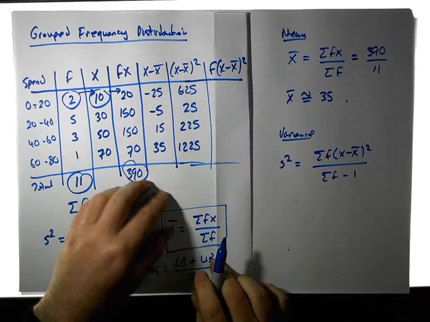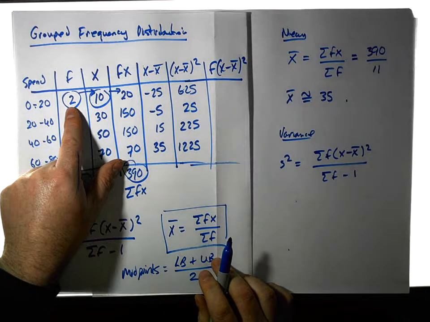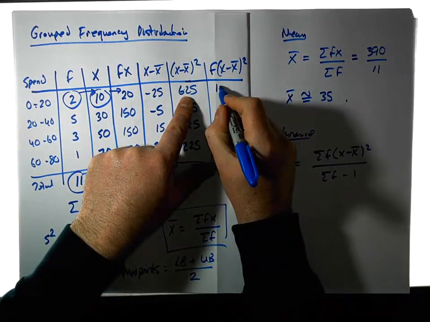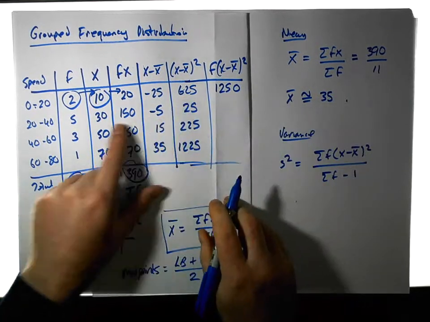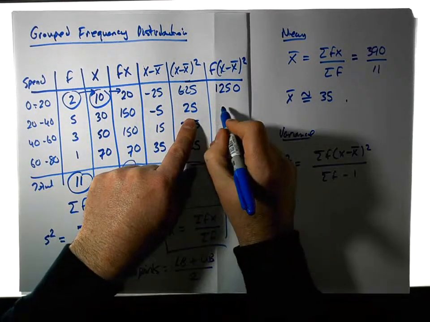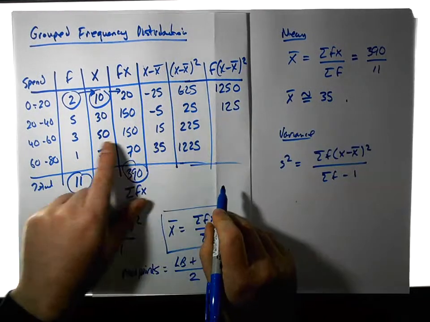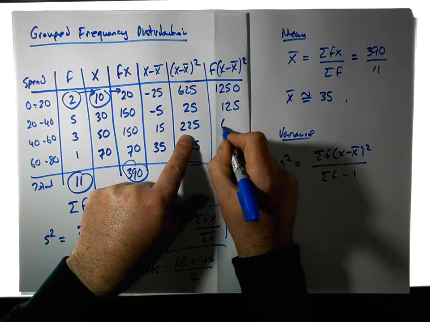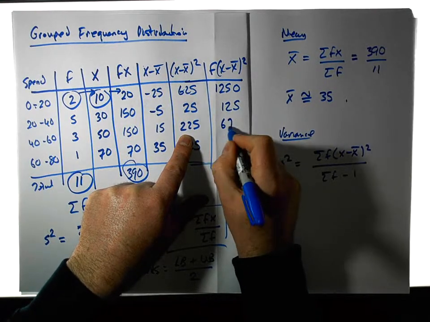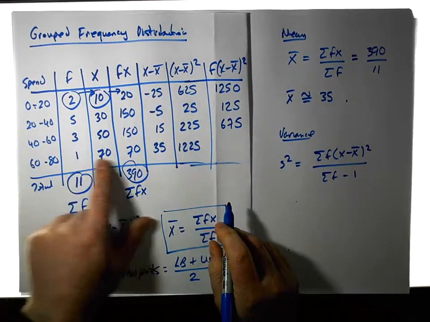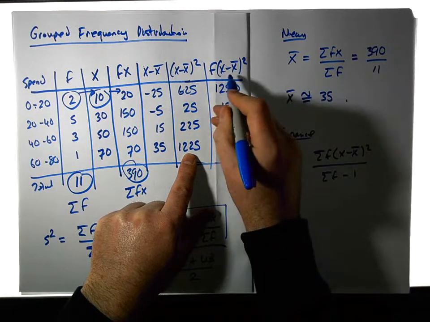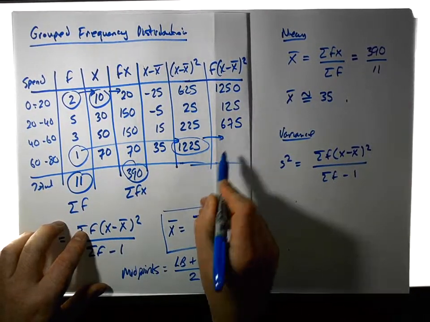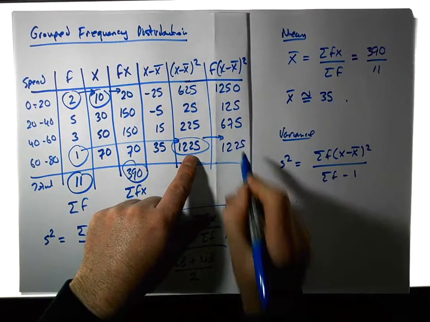So we're going to have 2 times 625 is 1,250. 5 times 25 is 125. 3 times 225 is 675. And then 1 times this gives us this value here, which is 1225.